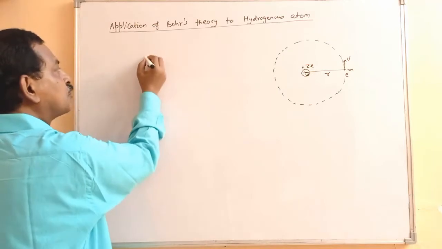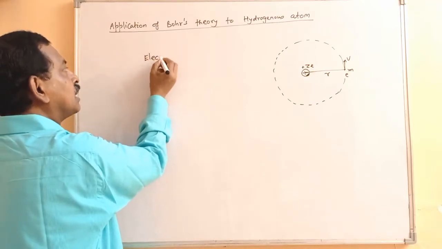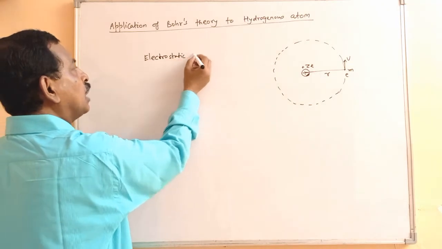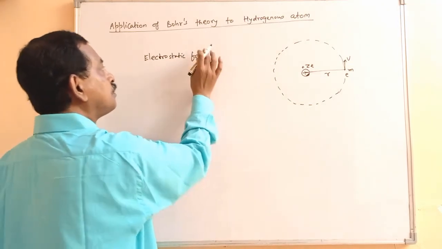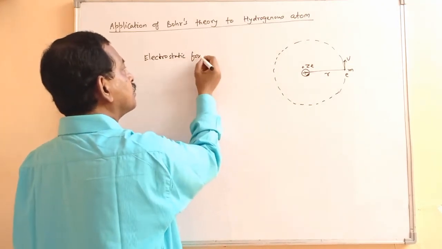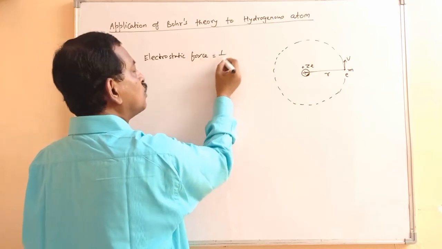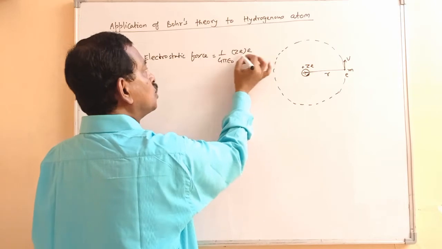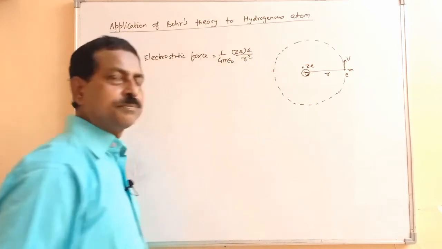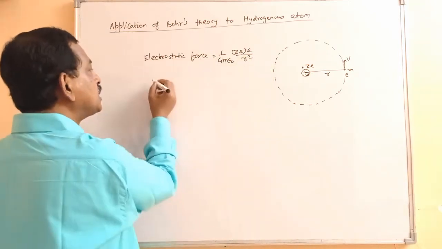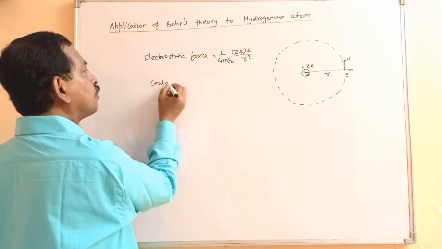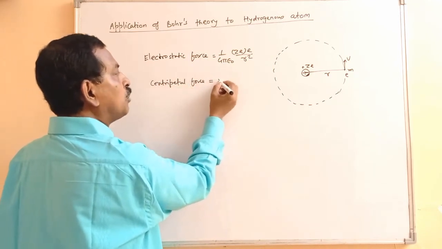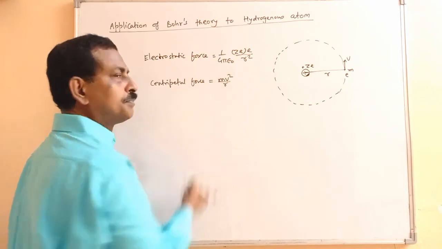So the electrostatic force of attraction will be 1 by 4 pi epsilon naught Ze into e by r square. If you consider the centripetal force, it will be mv square by r.